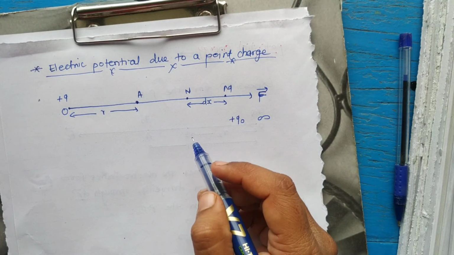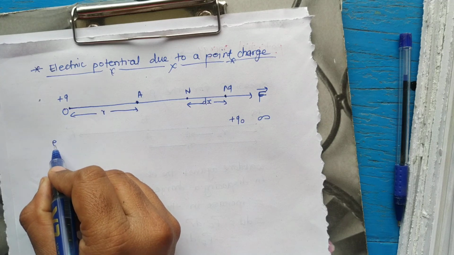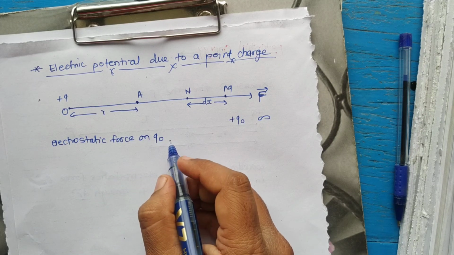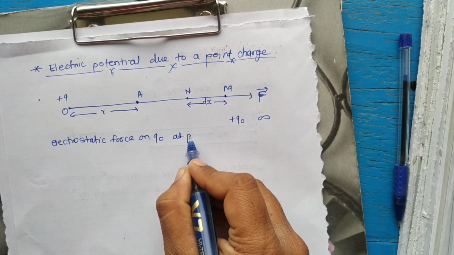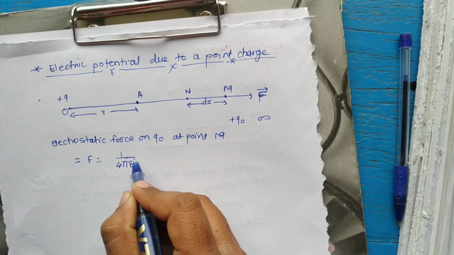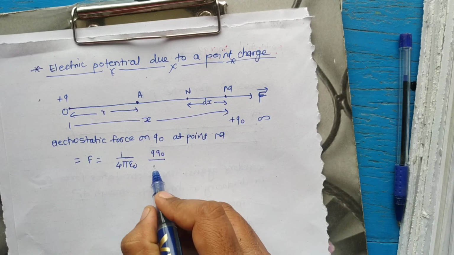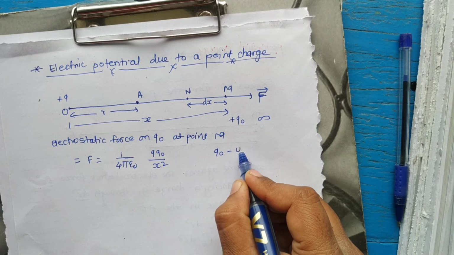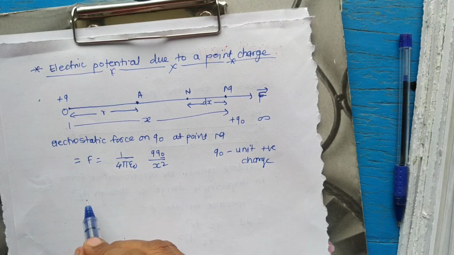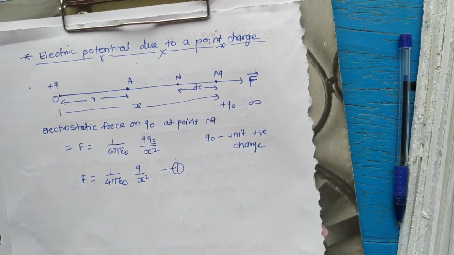Let us consider that the positive test charge q naught is now at point M. Then the electrostatic force on the charge q naught at point M is, according to Coulomb's law, F is equal to 1 upon 4 pi epsilon naught q into q naught divided by the total distance x squared. But q naught is a unit positive charge, so putting unit positive charge, the value of q naught is 1. Therefore F is equal to 1 upon 4 pi epsilon naught q divided by x square, that is equation number 1.